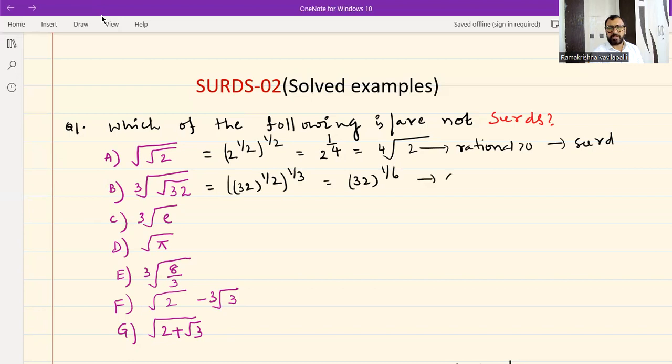It is also a SURD, because this 32 is a positive rational. The cube root of e, which means e to the power of 1 by 3, is not a SURD. It is not a SURD because e is not a rational number, since e is an irrational number.